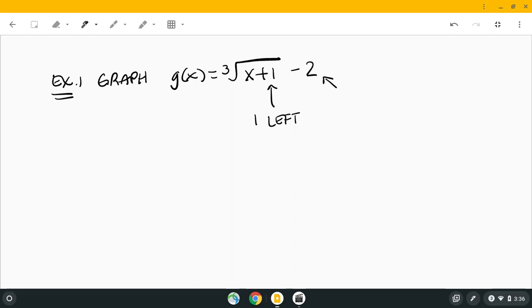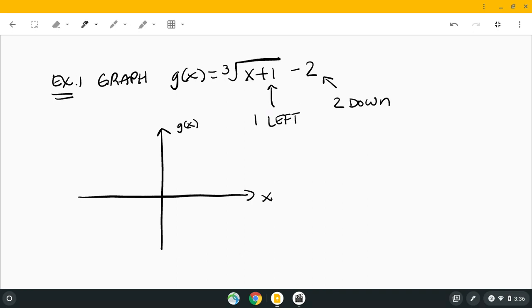And we know this here, we'll shift it 2 units down. One, two, three, four. One, two, three, four.